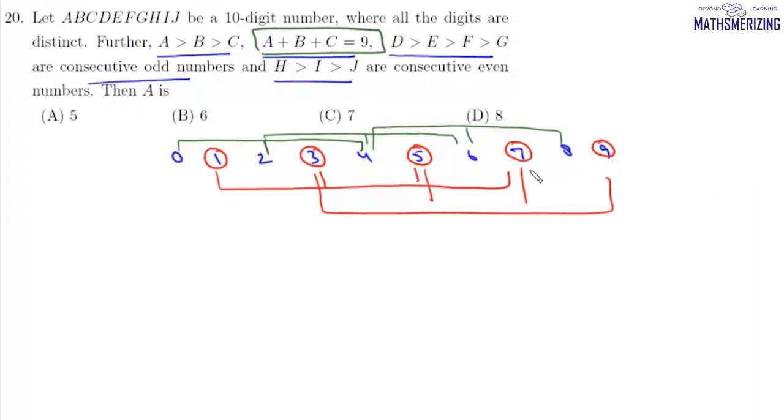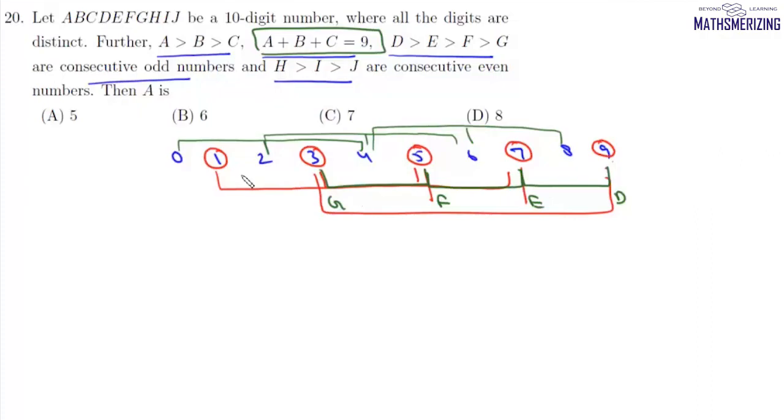From here we can clearly say the consecutive 4 odd numbers must be 3, 5, 7, and 9. That is, the value of D should be 9, the value of E should be 7, the value of F should be 5, and the value of G should be 3.